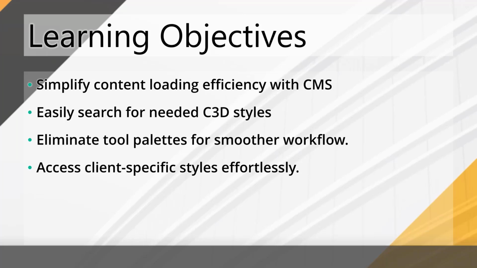And we're going to show you how that can help to eliminate some of the tool palettes and help for a smoother workflow. And then how we can create client-specific libraries or have libraries and the styles that are within those.